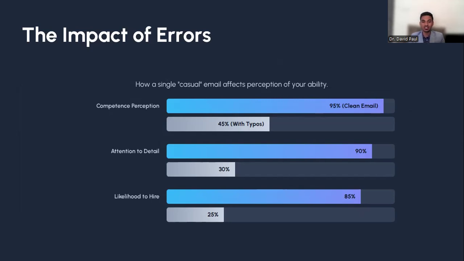Give attention to details. And thirdly, likelihood to hire. If you give a casual mail, you have just 25% likelihood to hire. If you give the right email, you have 85% likelihood to hire, which means the remaining is about the interview.